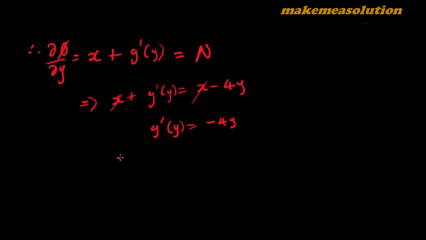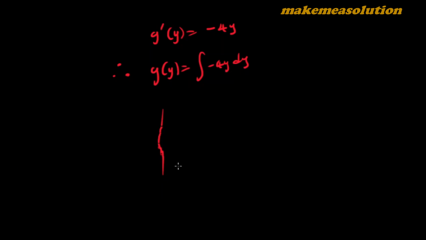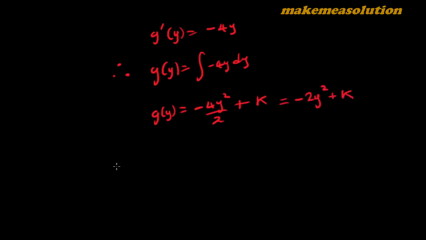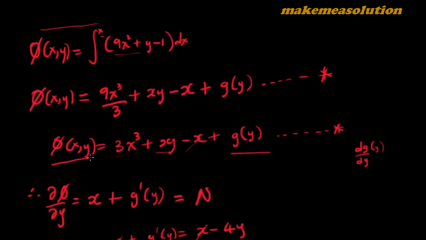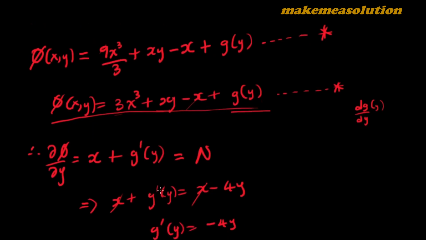So when we get our g of y, we are going to integrate minus 4y dy, and our g of y is going to be minus 4y squared over 2 plus k, which is actually negative 2y squared plus a constant of integration. So this is our g of y. What is remaining is to plug it in over here.